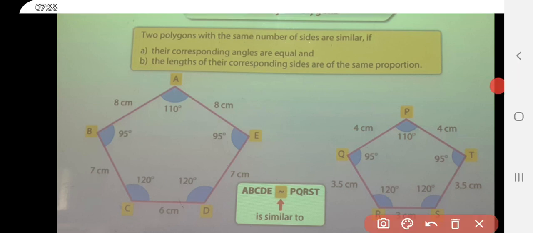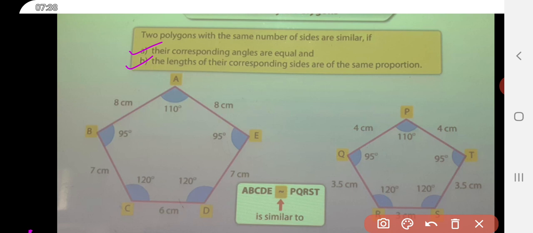See, two polygons with the same number of sides are similar if their corresponding angles are equal and the lengths of their corresponding sides are of the same proportion.